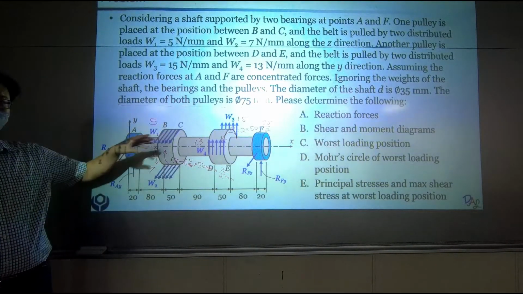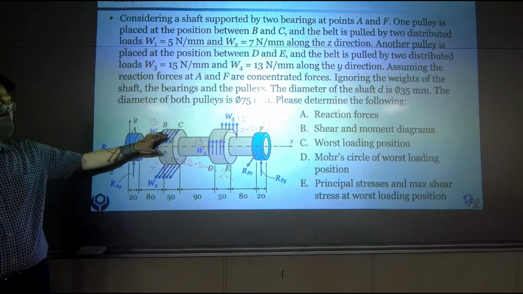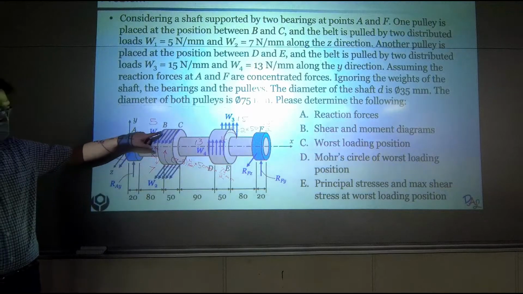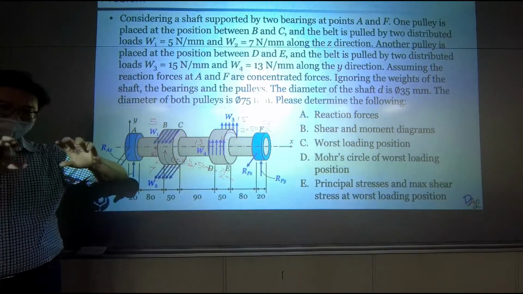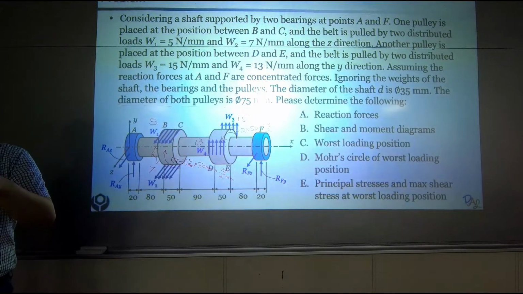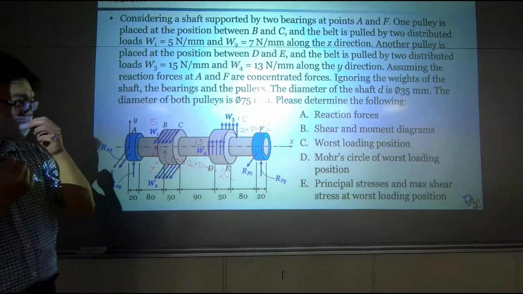The tension force is always there. So even though this material is spinning, every material inside this region is being twisted all the time. Okay, so please be aware.